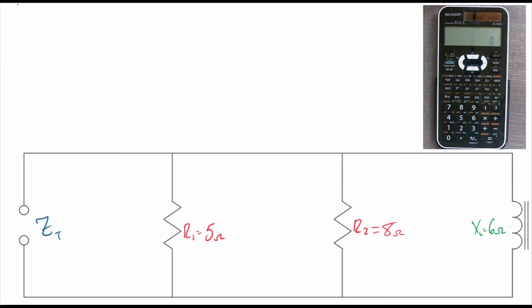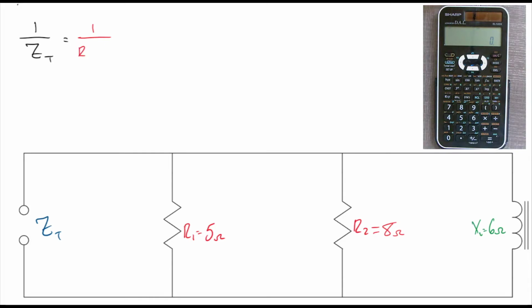When we calculate impedance total, we are using the formula of 1 over impedance total is equal to each of my factors. So 1 over, now when we're doing polar method, we want to make sure we keep all of those, the magnitude and the direction, intact.